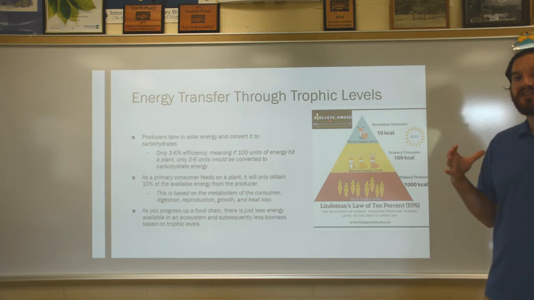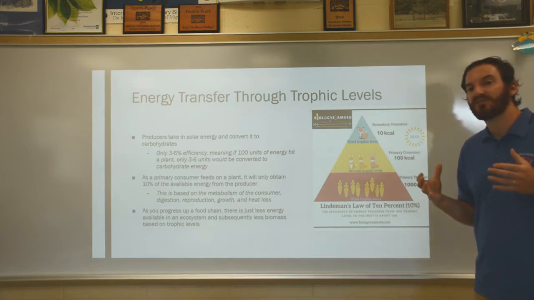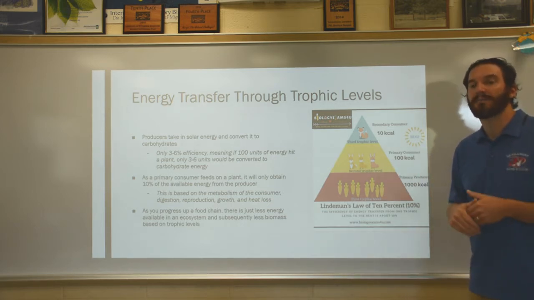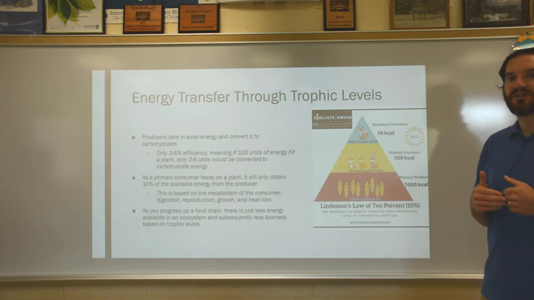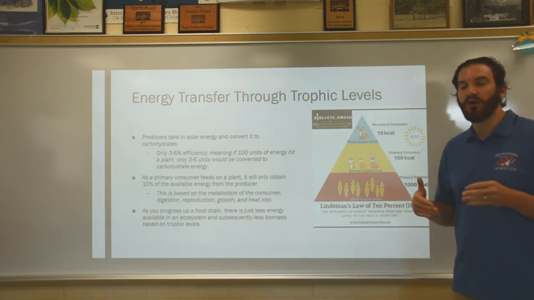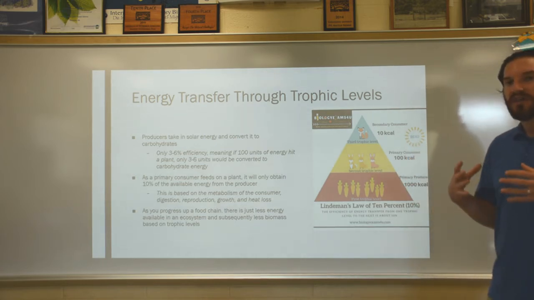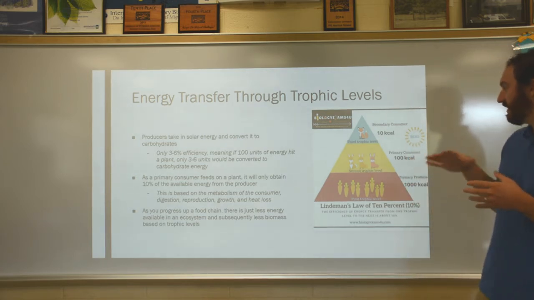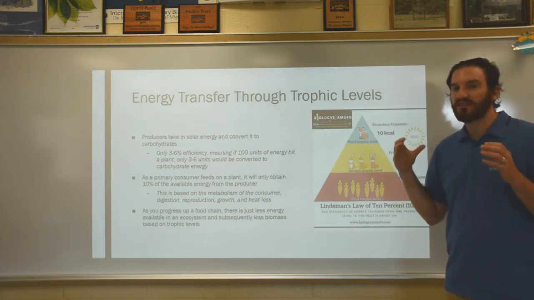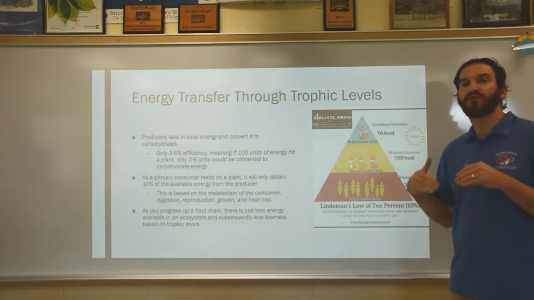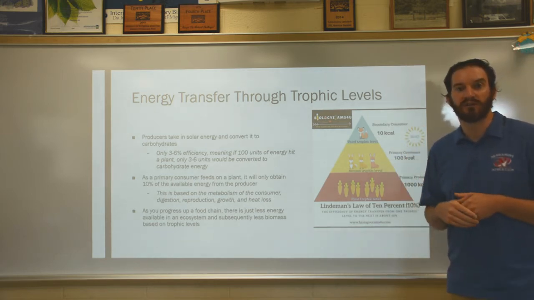We start to see the amount of available energy in an ecosystem drops very rapidly. The reason it's dropping so rapidly is due to the energy expenditure, the way in which organisms carry out their lives. And what we're seeing is that there's less available energy for higher trophic level organisms.